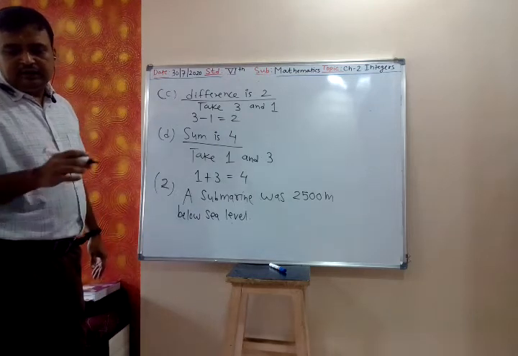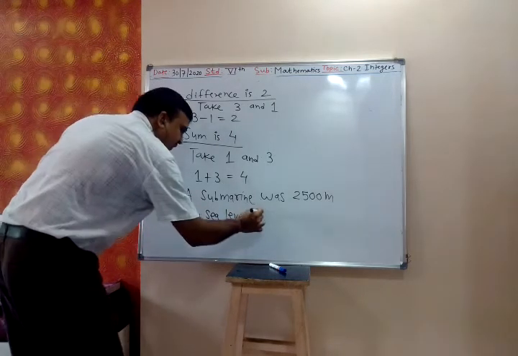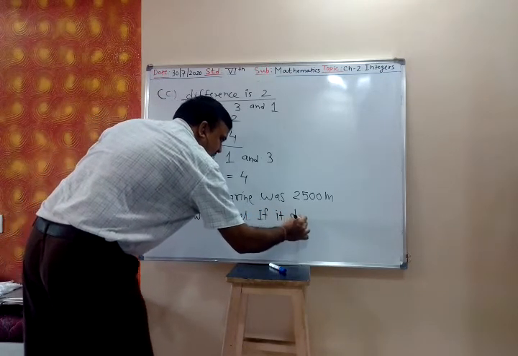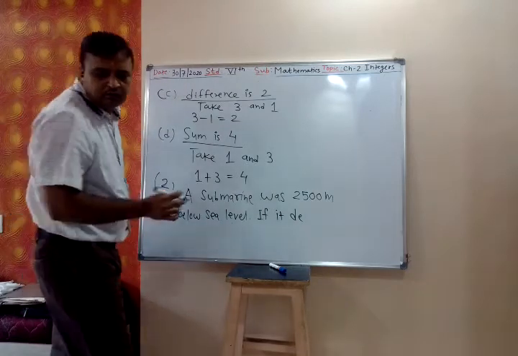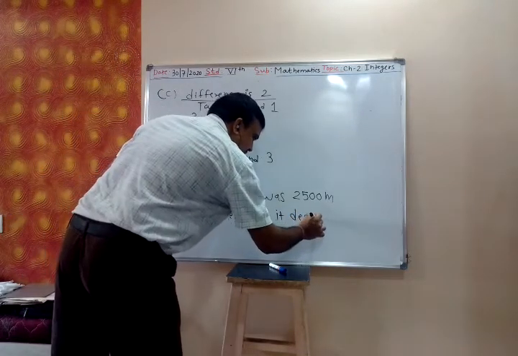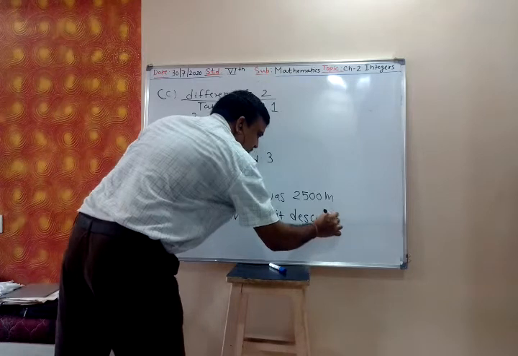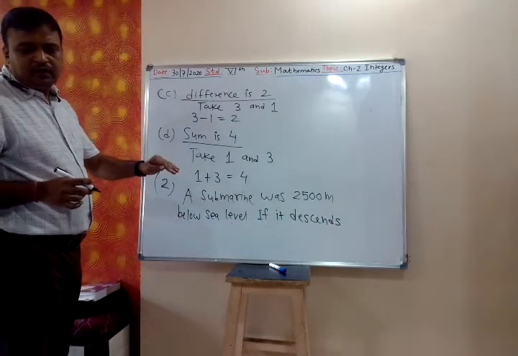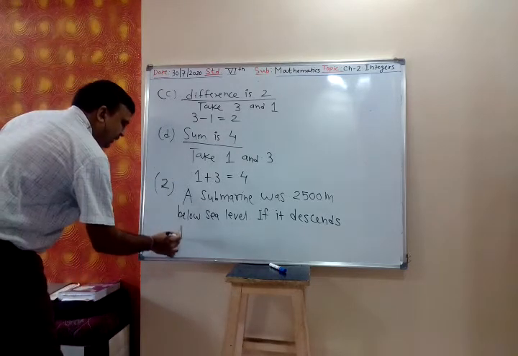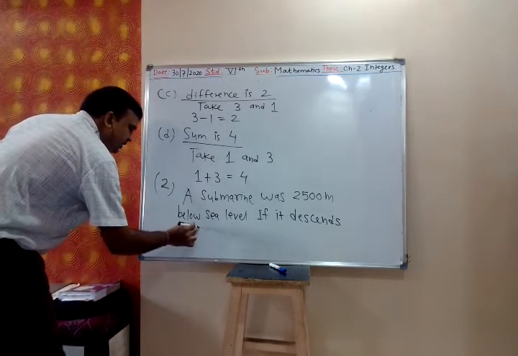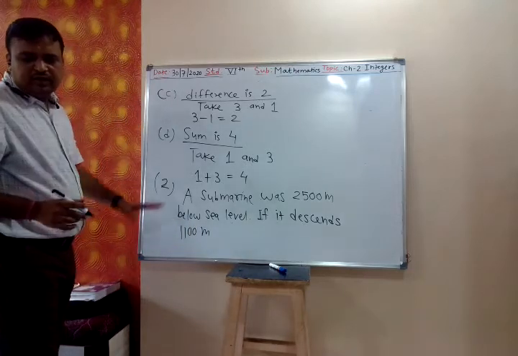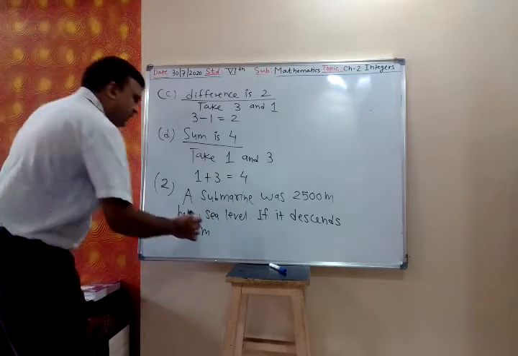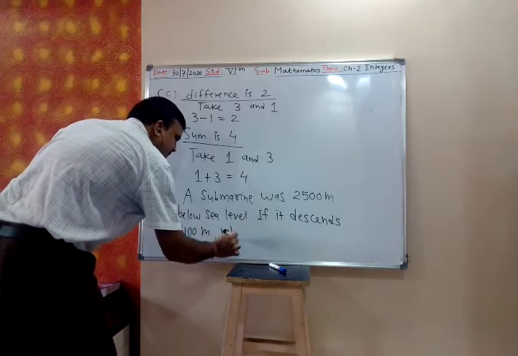If it descends 1100 meter, what is its new position?